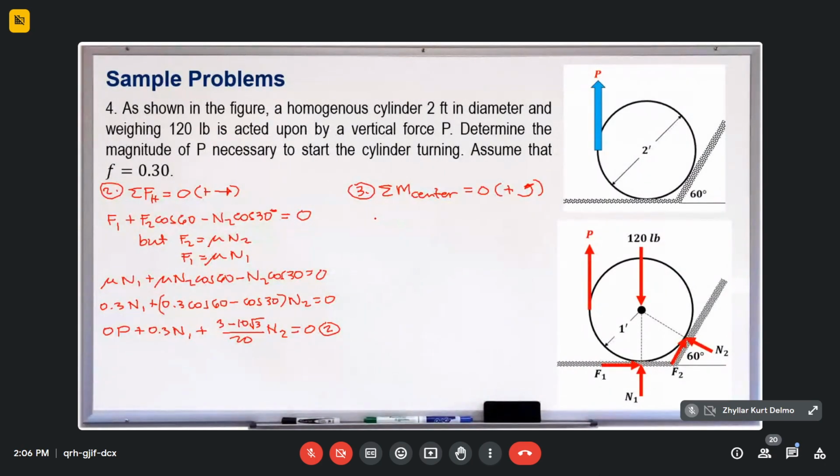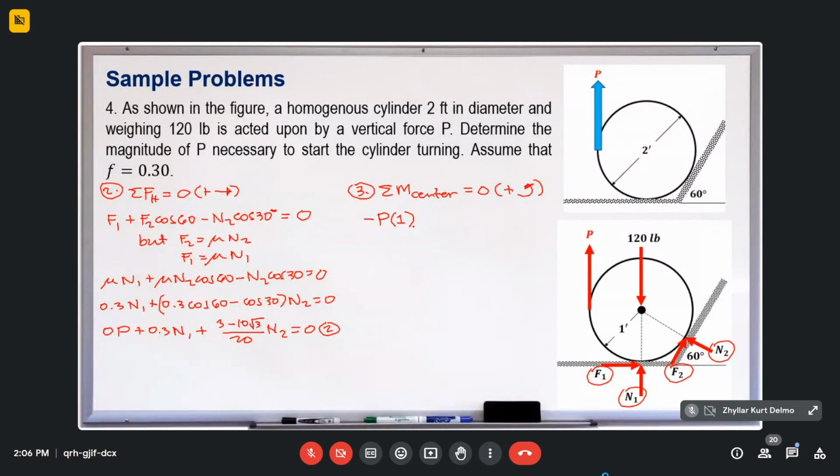So, we have negative P. Then, ang iyahang moment arm is equal to the radius. That's 1 foot. Then, ang N1 and N2, wala na sila'y moment nga ma-produce since they act directly at the center. So, we only have the frictional forces F1 and F2.